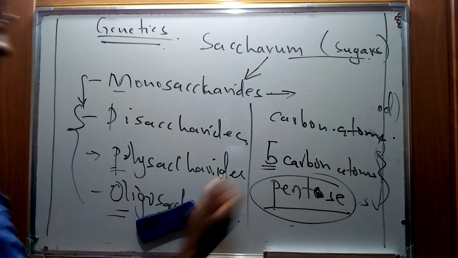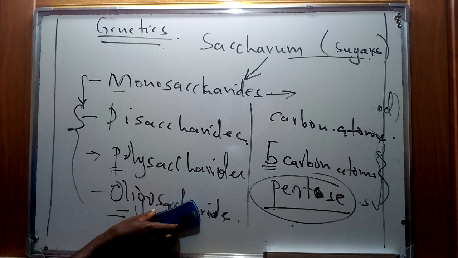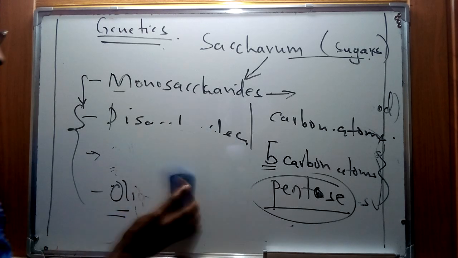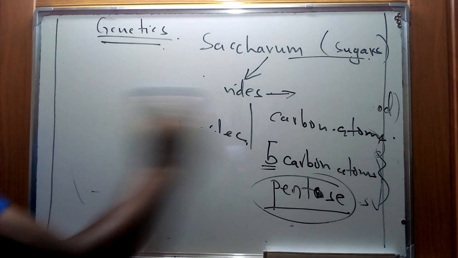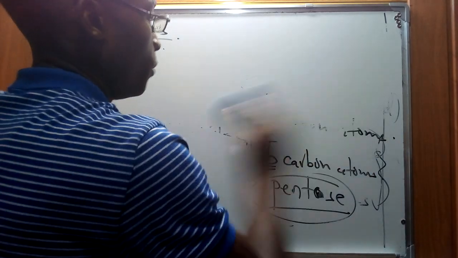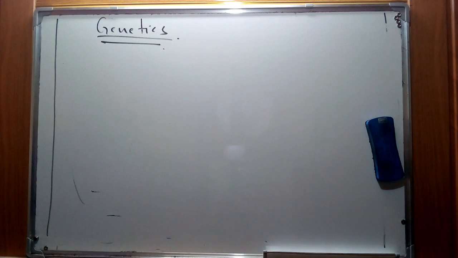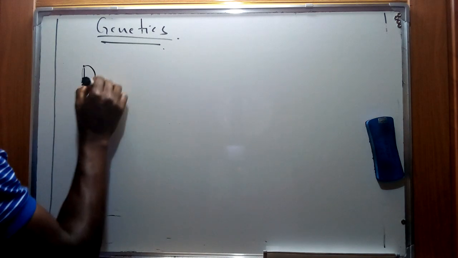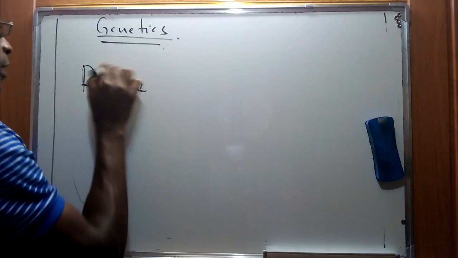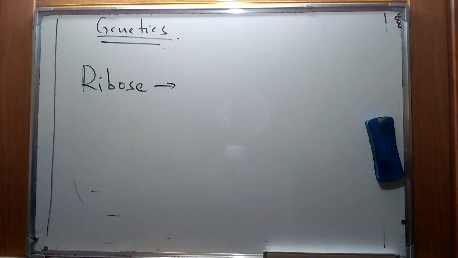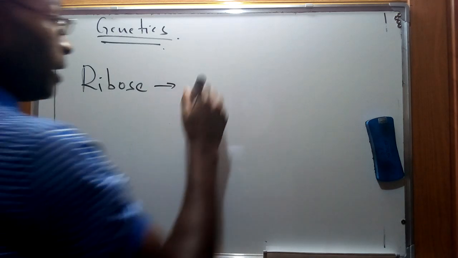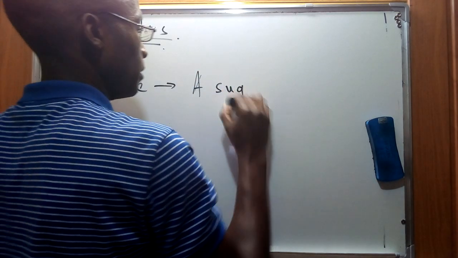So from this class of pentoses that I've referred to as 5-member carbon, we have sugars which are known as riboses. Therefore, a ribose is going to refer to a sugar of a pentose class.